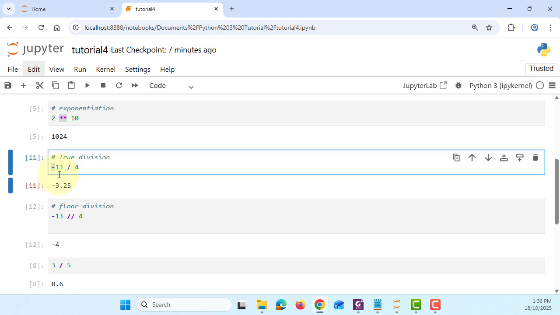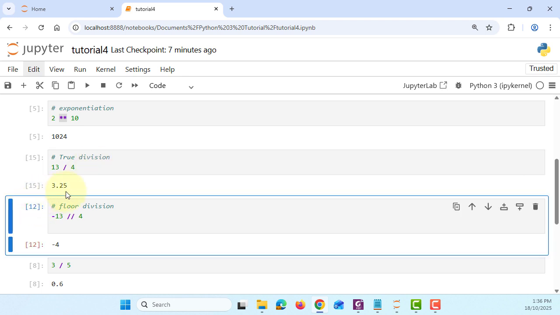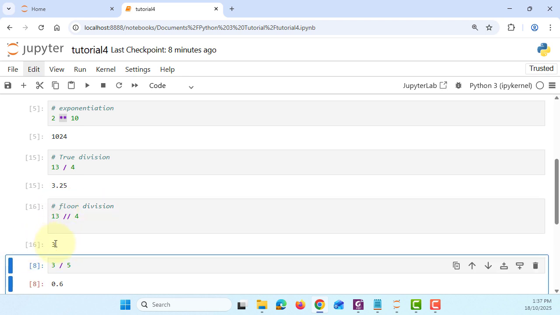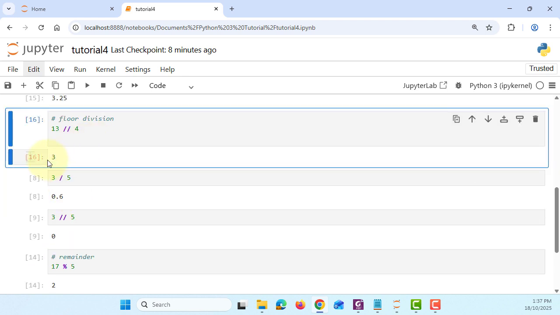Let me simplify for a positive number. Say 3.25, it's not going to be 4, it's greater than 3.25. So the nearest integer value will be 3. So if we say here, floor division will be 3. True division as it is, floor division, the nearest integer value.